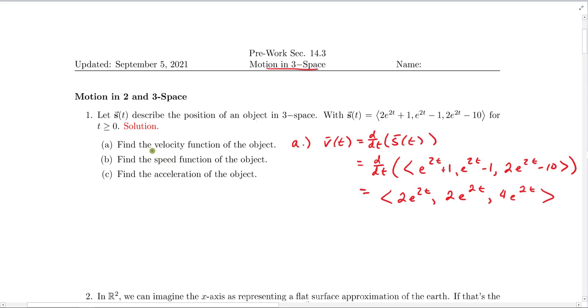One thing that makes a lot more sense now that we're dealing with vector-valued functions is a distinction between the notions of velocity and speed. Remember that velocity is a vector, and speed is its magnitude.